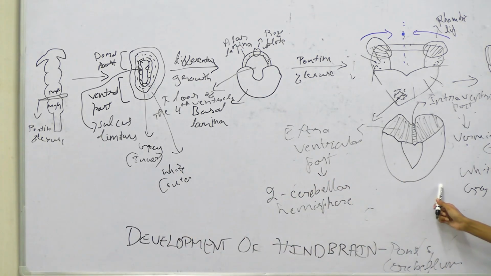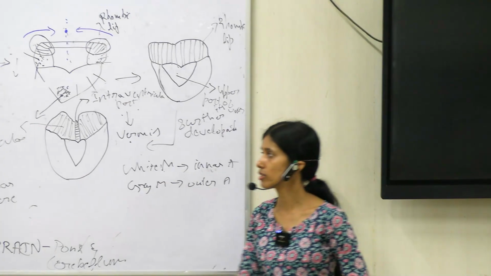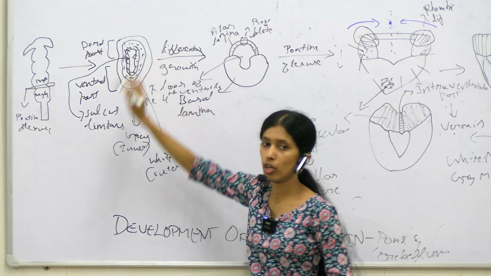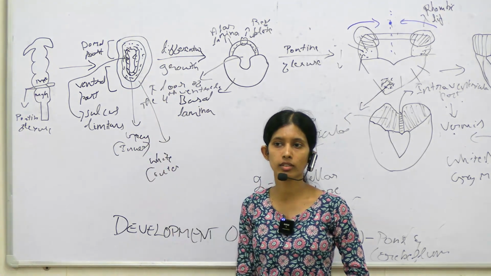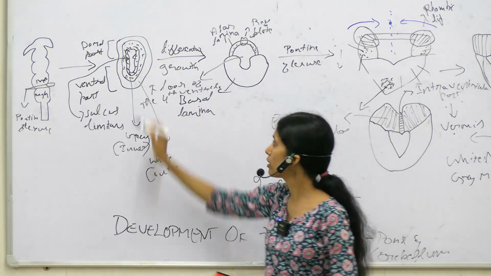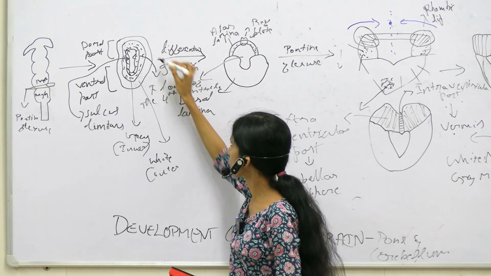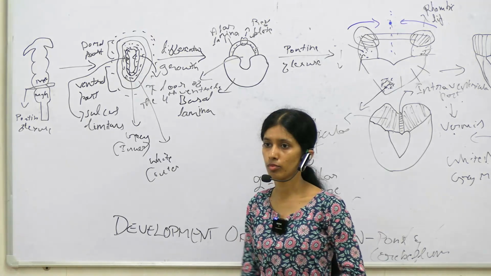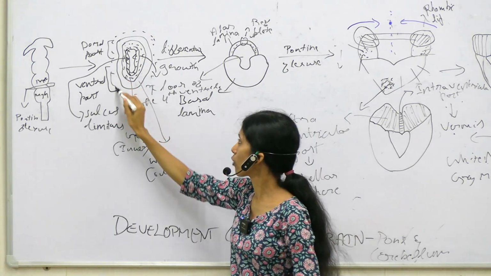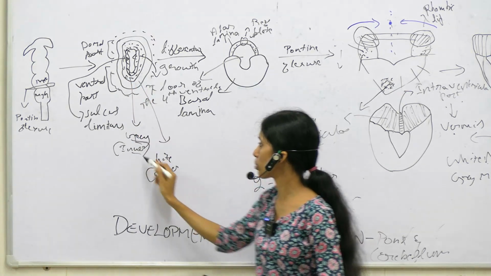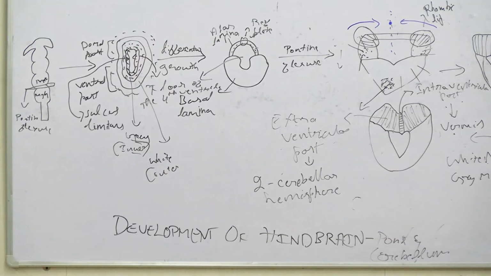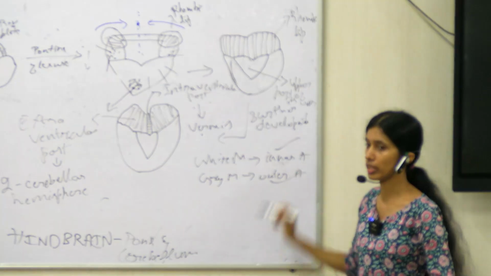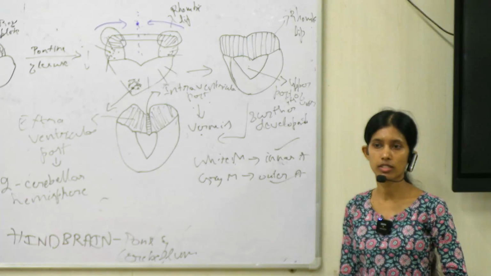So what happens in the development of medulla oblongata is, whatever the cells that are present in your mantle cell layer will move out and migrate outwards past your marginal cell layer like this. Okay, as a result, now your grey matter is present in the outer aspect, and your white matter will come in the inner aspect of the cerebellum.